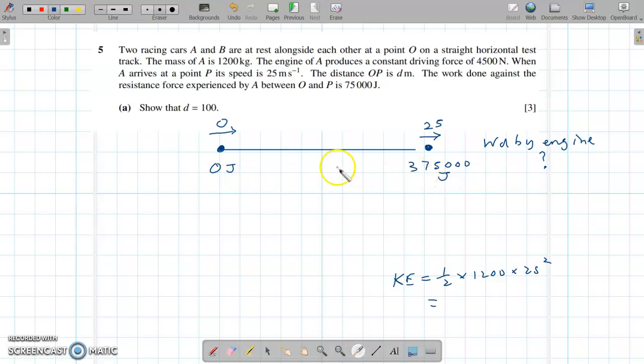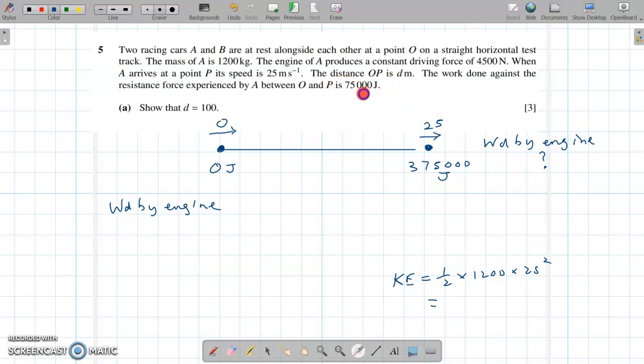Now that energy has come from the engine, so we can make an equation here. We've got the work done by the engine. Is that going to equal 375,000 joules? No, because of the resistance. The work done against the resistance is 75,000 joules. This is hindering the speed.